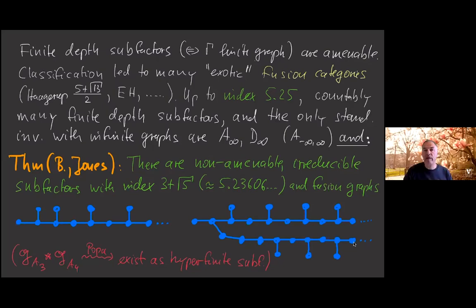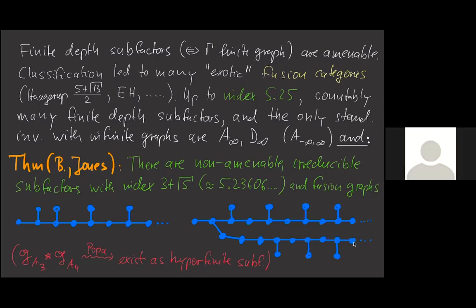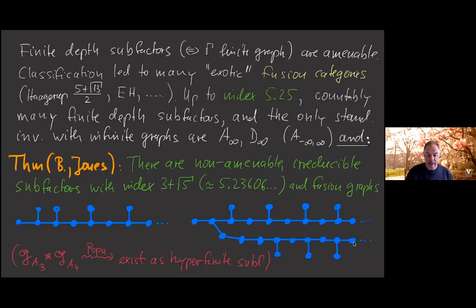So if N into M and M into M1 are the same, then the graphs are the same. But it could be that the graphs are the same and N into M and M into M1 are still not isomorphic. That happens for, I think, E6 or E8. Okay. Thank you. So it's complicated. Okay. Thanks.